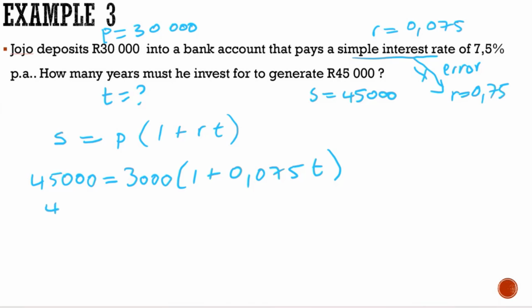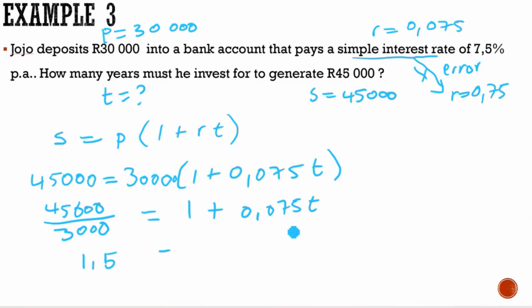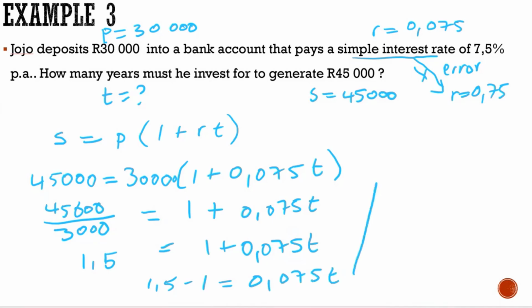So you're going to have 45,000 divided by 30,000, which is equal to 1 plus 0,075 T. Okay, so now you find that your left-hand side is going to be 1,5. 1,5 is going to be equal to 1 plus 0,075 T. Okay, so you're going to have 1,5 minus 1 is equal to 0,075 T. Okay, you move this side.